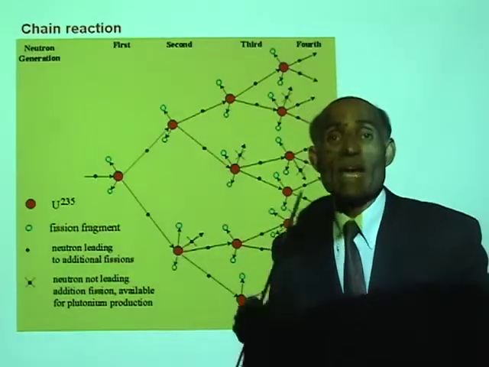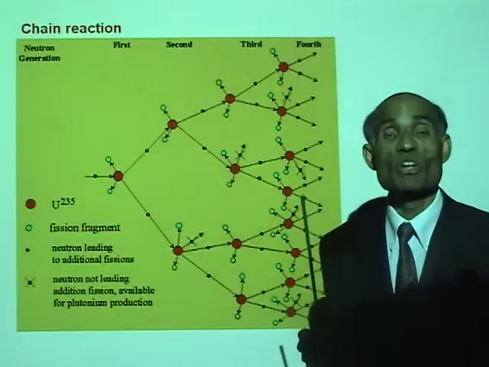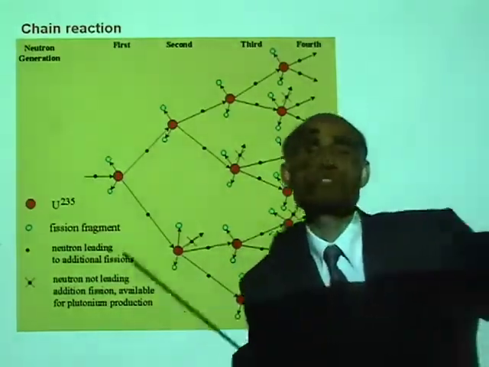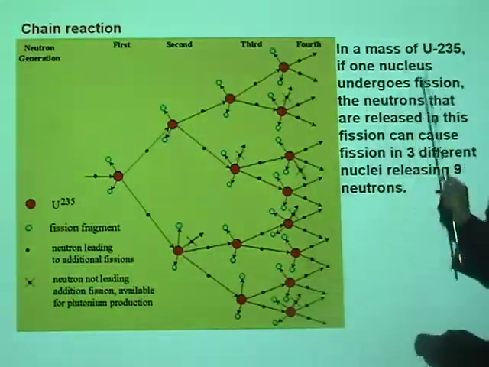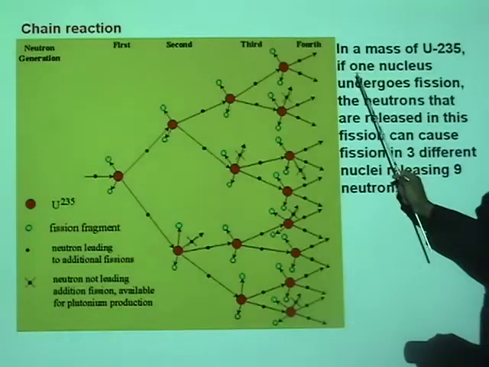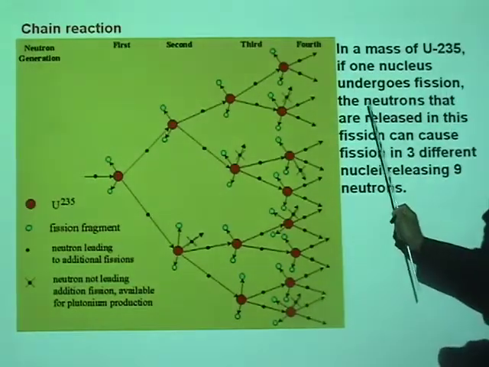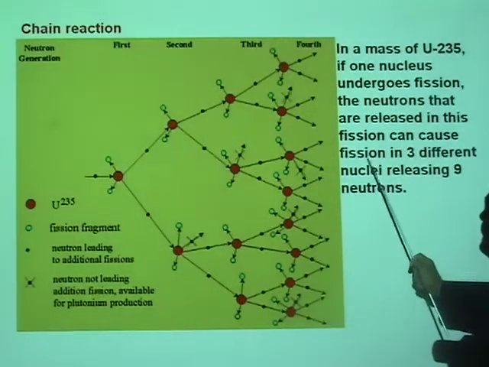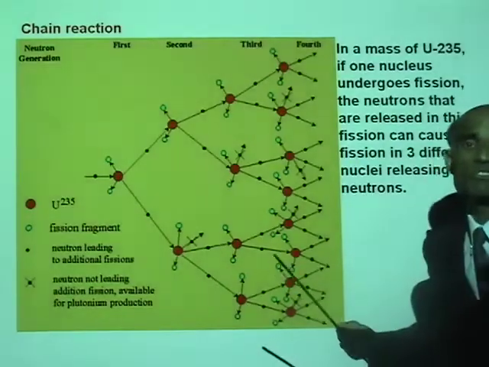This way, a lump of uranium can undergo fission within a fraction of a second by setting up a chain reaction. If one nucleus of uranium-235 undergoes fission, the neutrons released can cause fission in 3 different nuclei.